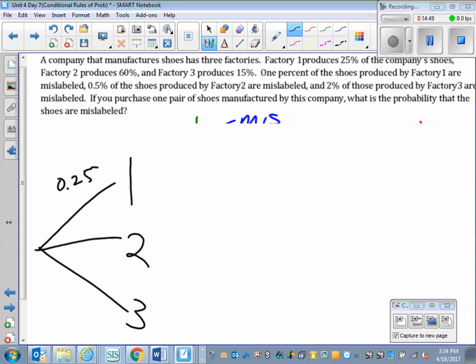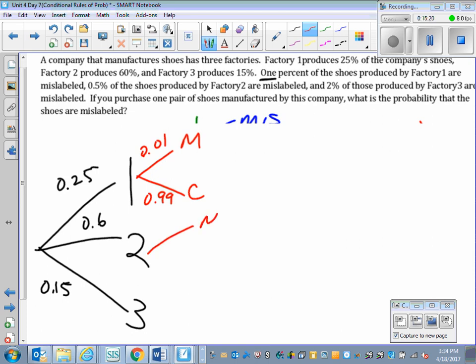Factory 2 produces 60%, so that's going to be 0.6, and factory 3 produces 15%, so that's 0.15. Now, 1% of the shoes produced by factory 1 are mislabeled. So M for mislabeled and C for correct. So that's going to be 0.01 mislabeled, which means 99% are correct.